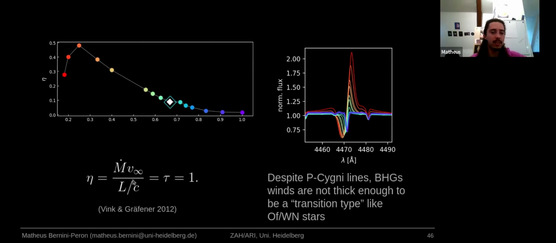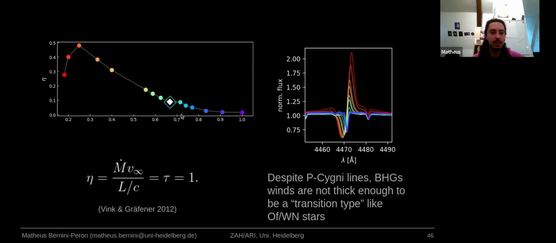If this happens, and the optical depth at the critical radius is also close to 1, then you really get into a much denser wind regime, close to what is seen in Wolf-Rayet stars.